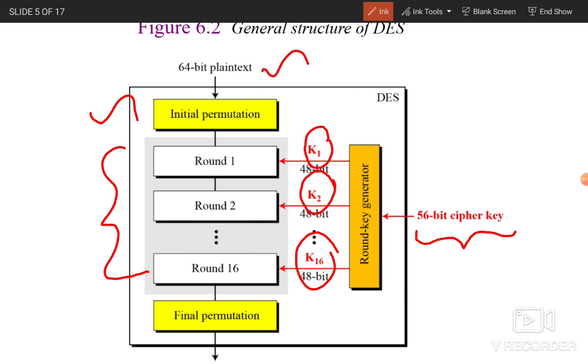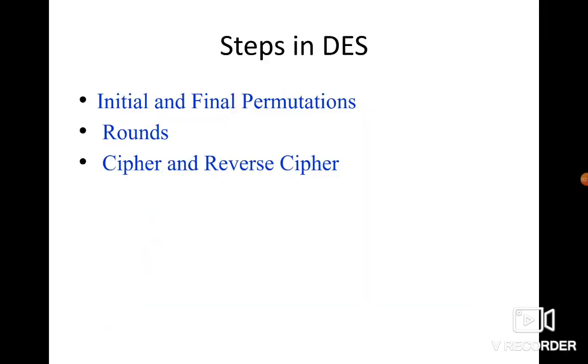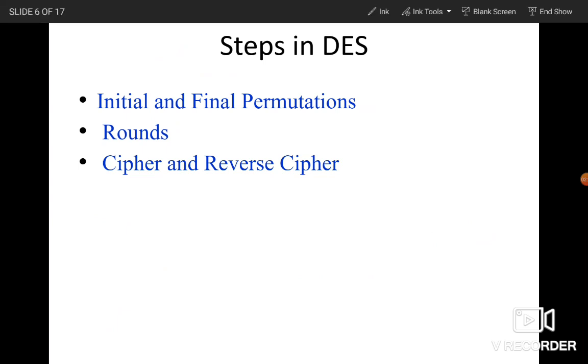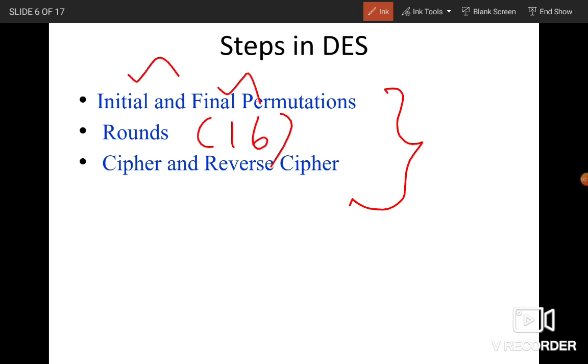After performing 16 rounds, finally it goes through the final permutation to get the ciphertext. So we have three main steps in the DES algorithm: the initial and final permutation, the 16 rounds, and encryption and decryption.